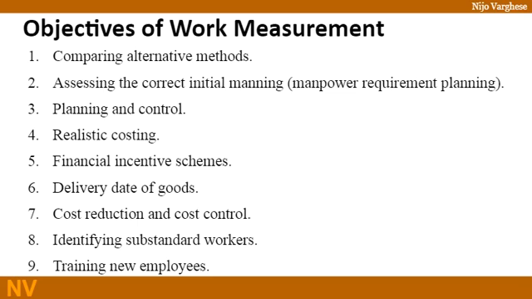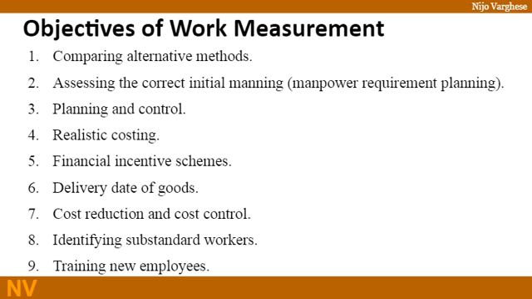And then cost reduction and cost control, because if we know the exact cost involved for a particular work or a task, only then can we estimate the cost. If we know the cost, only then can we think about cost reduction and cost control. Then, we use work measurement to identify substandard workers. By measuring the particular work, we can understand that it can be completed within a particular period of time.